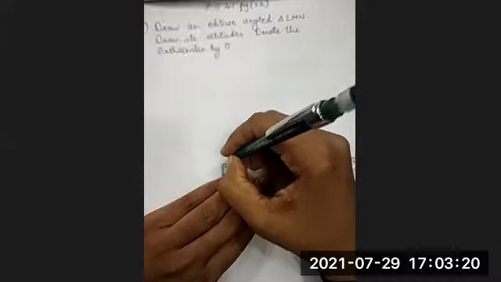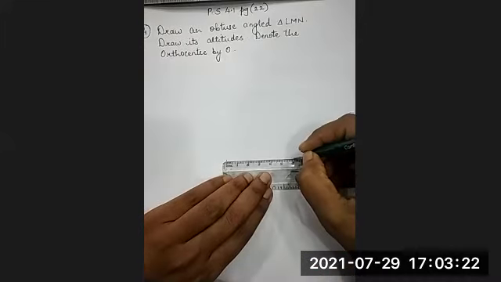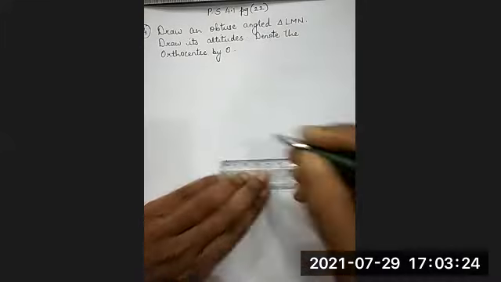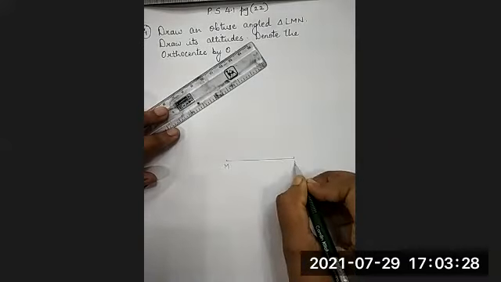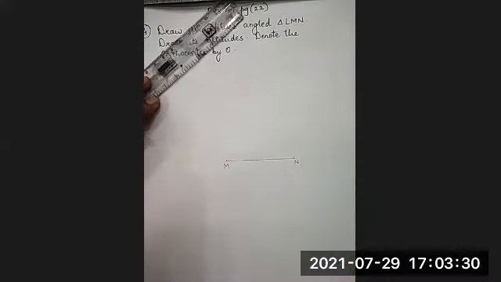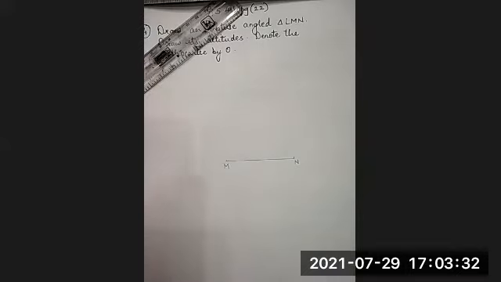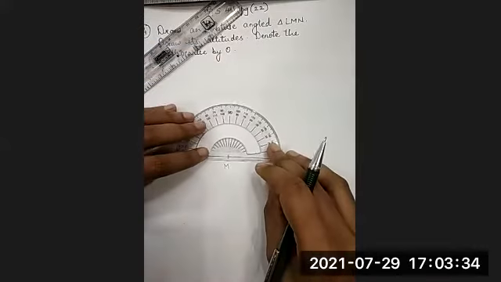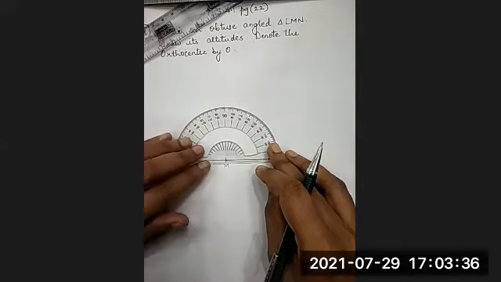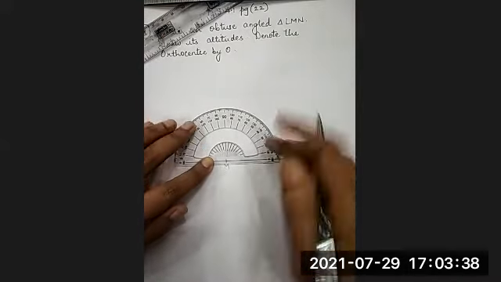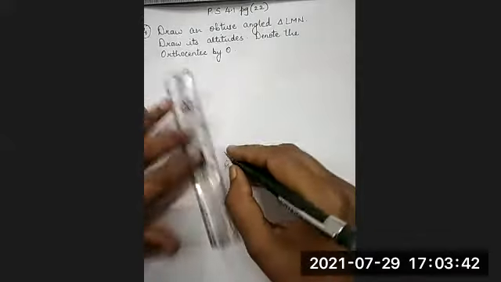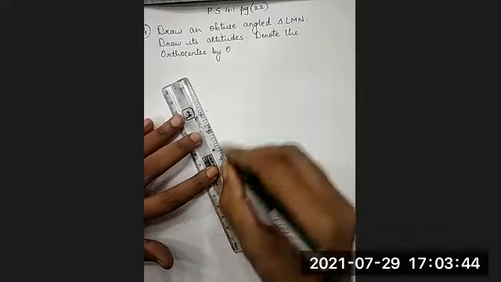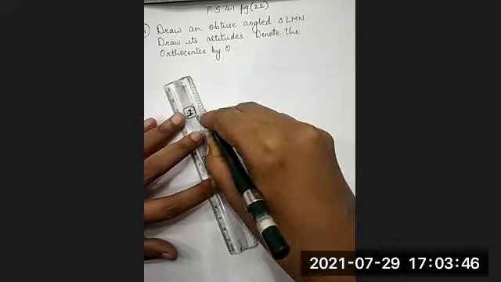So I will draw a 6 centimeter line, just like the previous sum. I will name it as M, N. Then I will take my protractor. I will measure 110 degrees since it is an obtuse angle. I will draw a line.